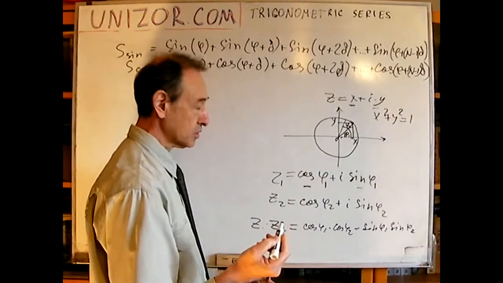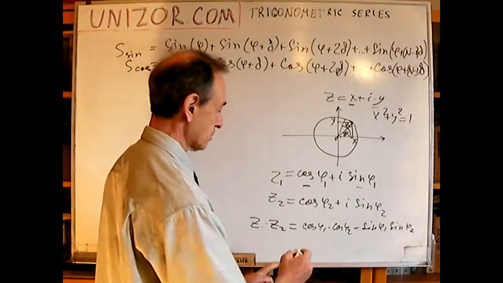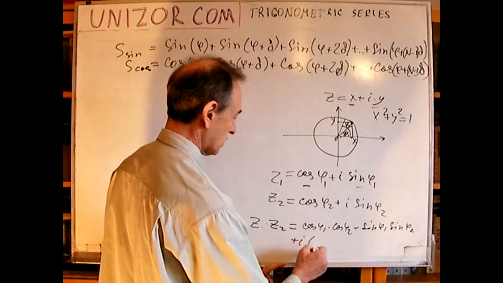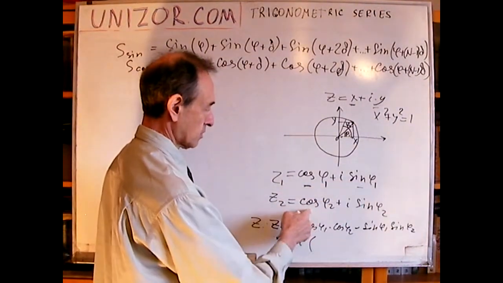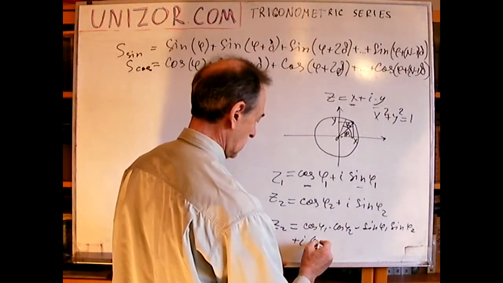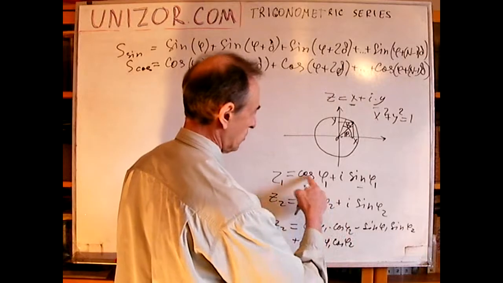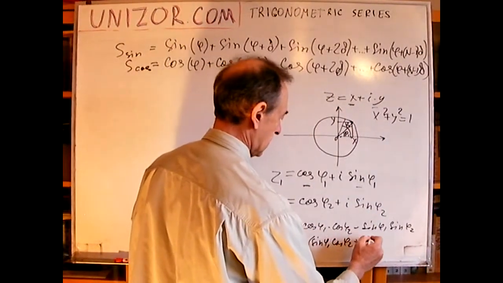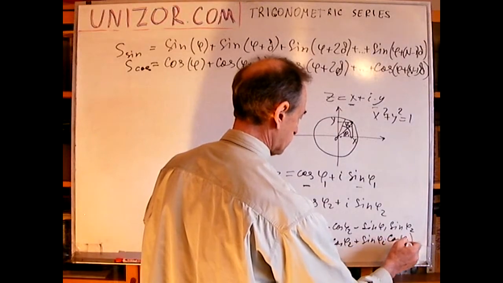What will be the imaginary part, the coefficient with i? i times sine phi 1, but cosine phi 2, right? Sine phi 1 cosine phi 2 plus sine phi 2 cosine phi 1.